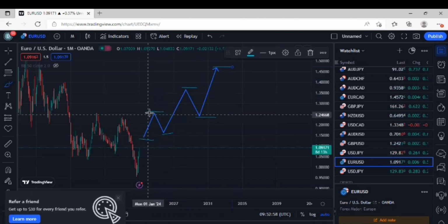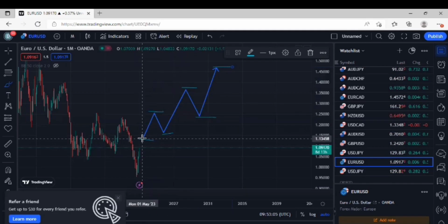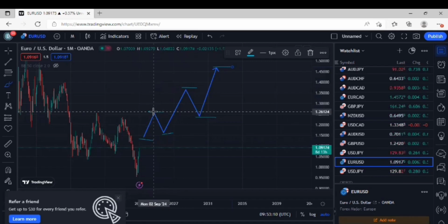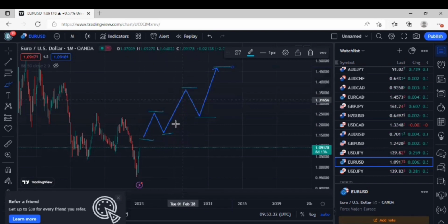As soon as you have a break of structure, we call this one here a break of structure. When the market creates a low, and it creates a higher high, and then another higher low, the moment it creates a higher high, this particular point where my cursor is now is a structure that was broken. We call that place a resistance.